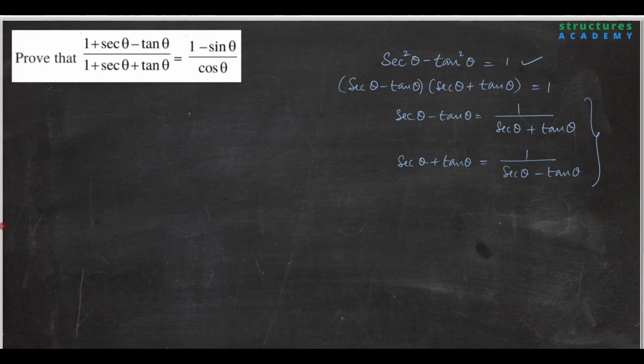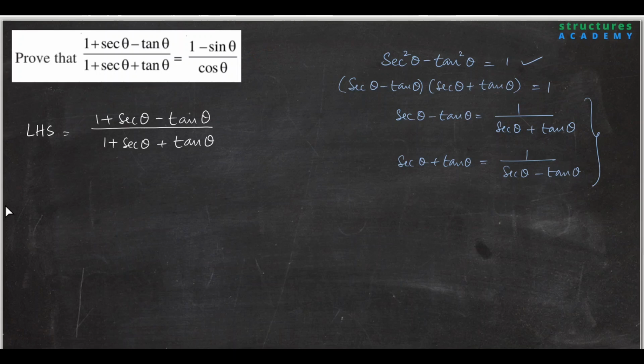All right, let's get back to our question. We'll write down the left hand side, which is (1 + sec θ − tan θ) over (1 + sec θ + tan θ). Now in some problems it becomes very evident just by looking at the right hand side what technique needs to be applied. It is not so evident in this question.